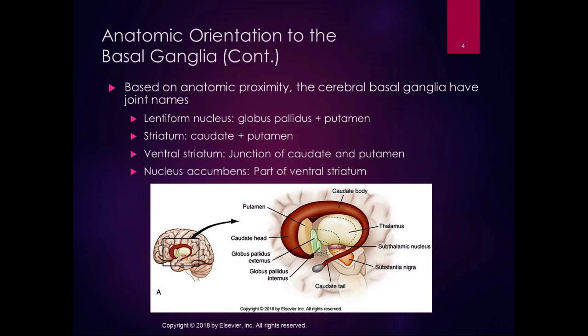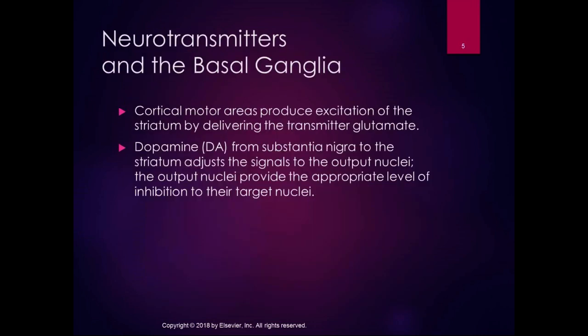The substantia nigra, the area where the dopaminergic cells exist, means dark substance or black substance. There's an area called the locus ceruleus, which means blue area. And then we have the red nucleus. So there are areas in the brain that have a little bit of color, but I don't think they're as colorful as these pictures.